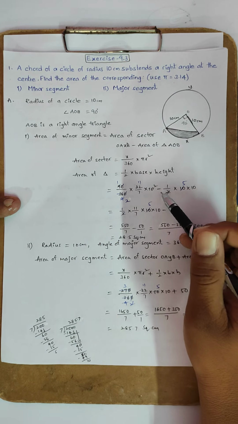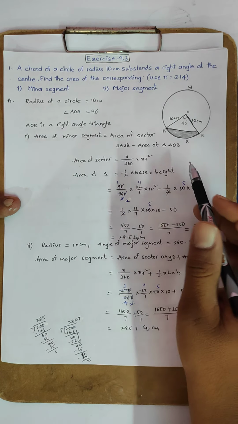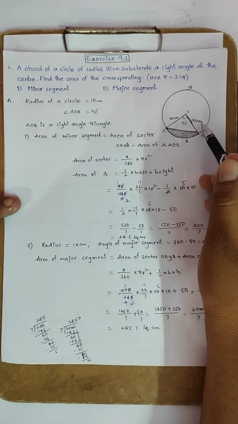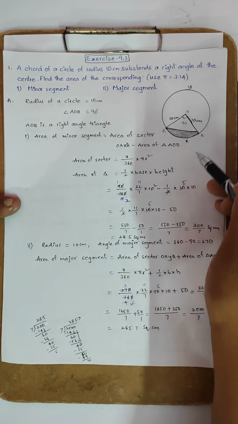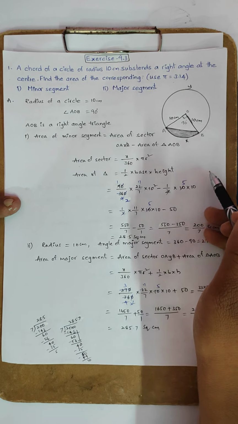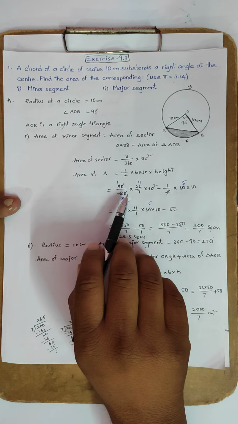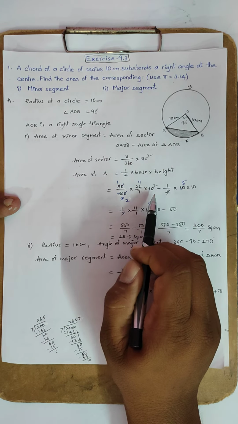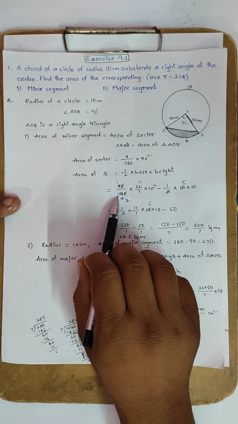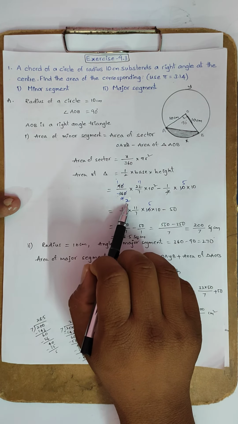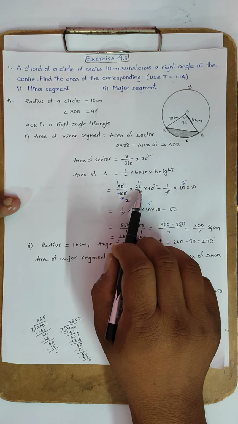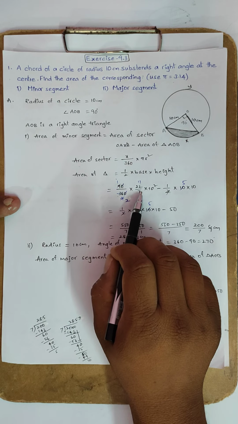So 10 square minus half. Base how much? 10. Height in a right angle triangle, the perpendicular is the height. Height is 10 centimeter. Half into base 10, height 10. Now cancellation, 0 0 get cancelled. 9 1s are 9, 9 4s are 36. Again 2 2s are 4, 2 1s are 2, 2 1s are 2. Numerator 11 by 11, denominator 7, 2.